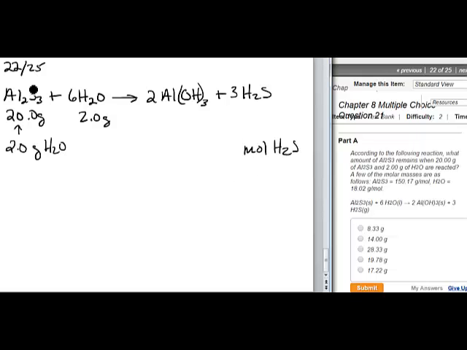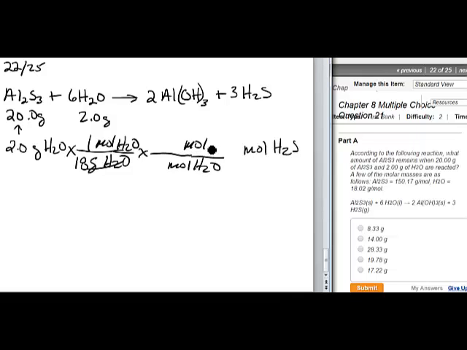And then once we know that, we can go backwards to figure out how much aluminum sulfide it takes to make that much H2S. So here's the calculation. We're going to make that grams H2O units go away, and we'll make that moles of H2O, and that's 18 grams per 1 mole. And then we cancel moles of H2O and convert that to moles of H2S.